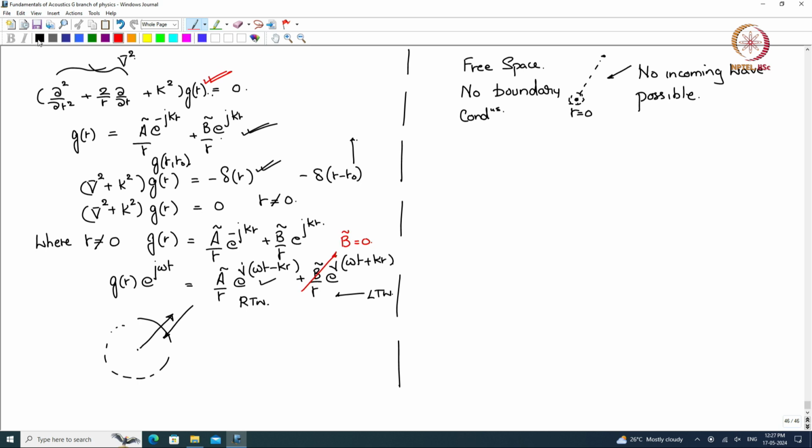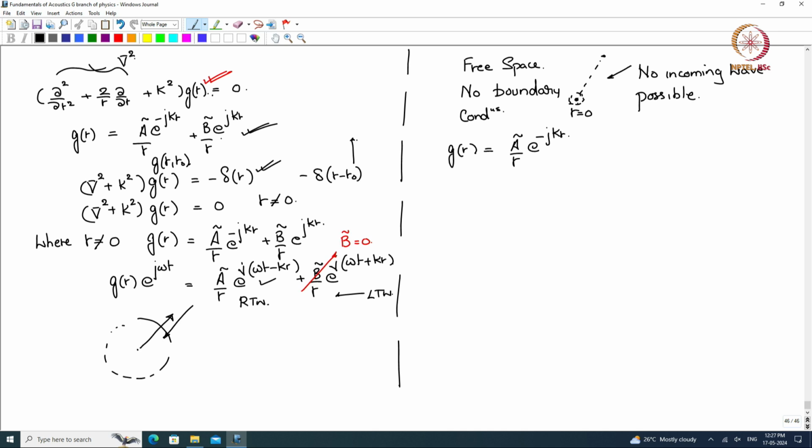Okay. And so now, G of r must be equal to A tilde over r e to the power of minus j k r. Keep the time out for the moment.